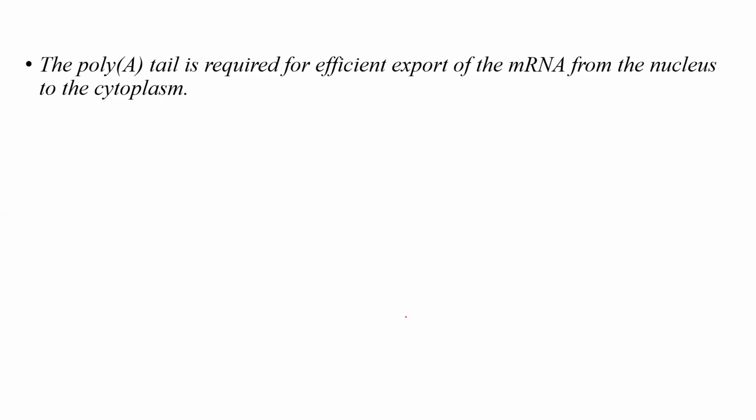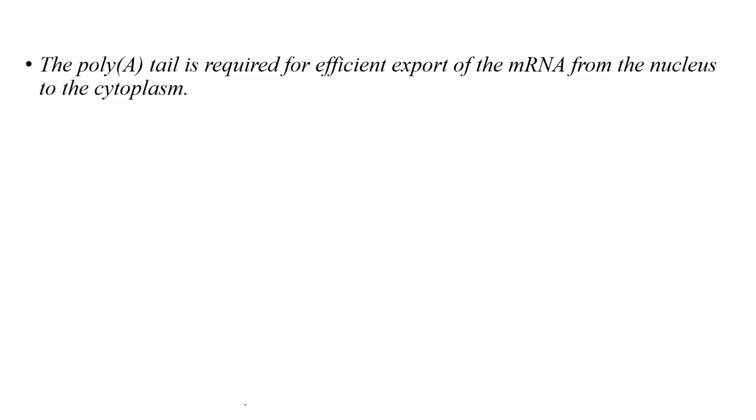In eukaryotes, since the first transcript is pre-mRNA, it has to be processed into a mature mRNA, and this transcription and processing takes place in the nucleus itself. But the mRNA in eukaryotes has to be transcribed and processed completely before it is translated, because the translation is going to happen in the cytoplasm.